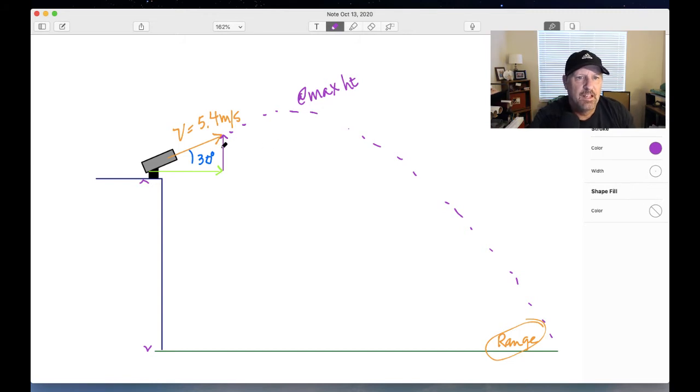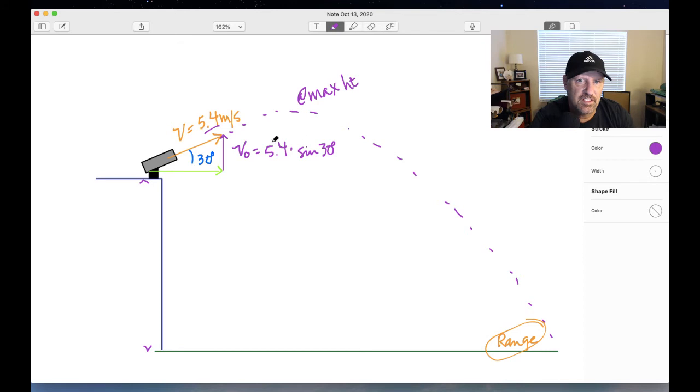So it's the vertical component that's going to tell us the time it's in the air. The v vertical initial is going to be 5.4 times sine of 30 degrees. The reason we're using the sine is because, relative to this angle, this is the opposite side.